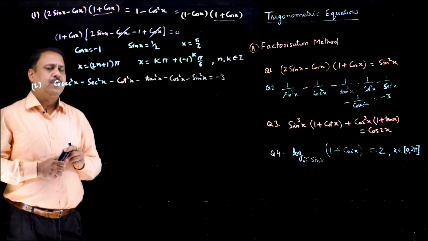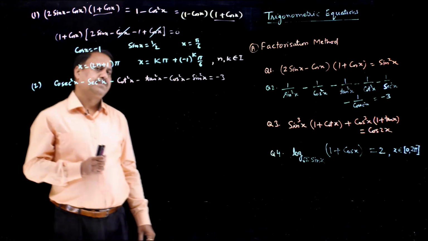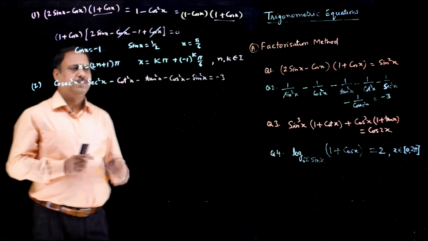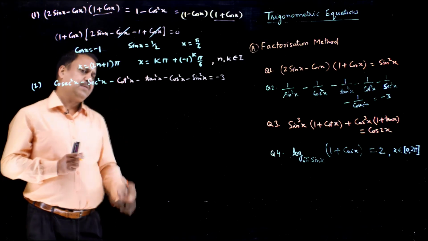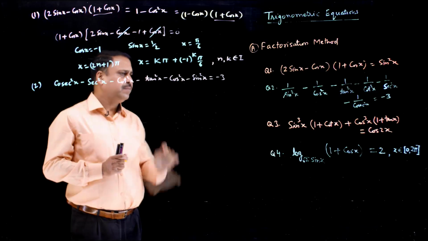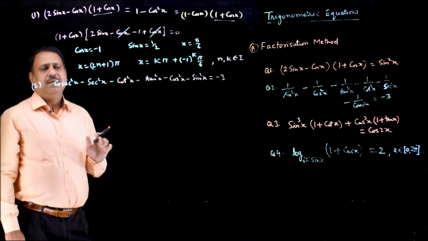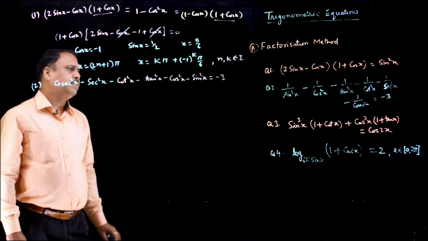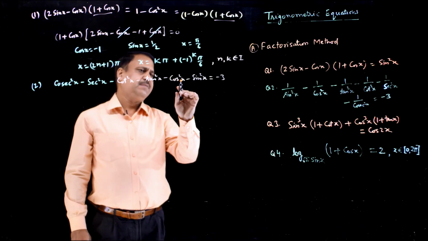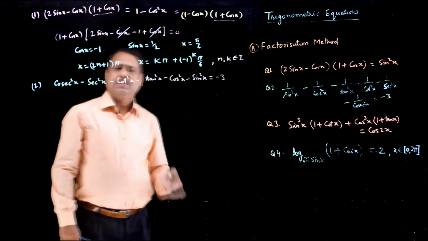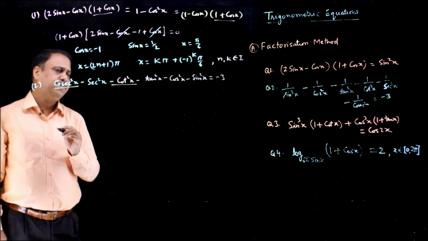Now, cosec square x minus cot square x is equal to 1. Sec square x, this we have to convert in tan form. So this equation can be written as, using our simple identity, sin square x plus cos square x is 1, cosec square x minus cot square x is 1.